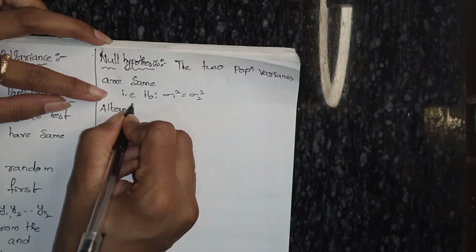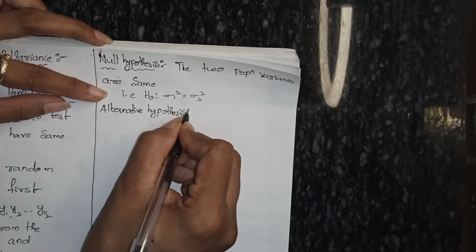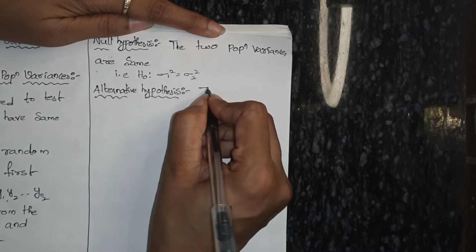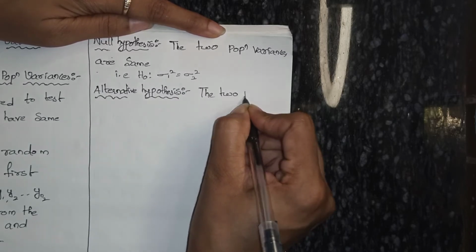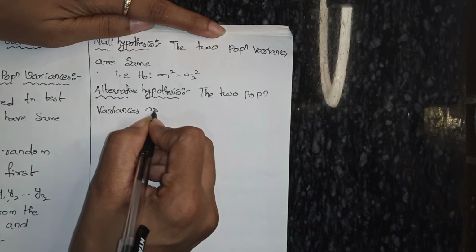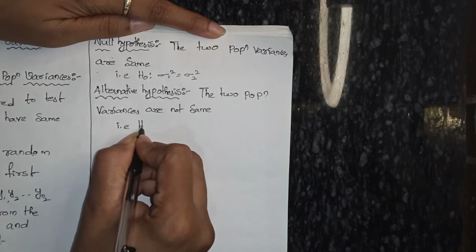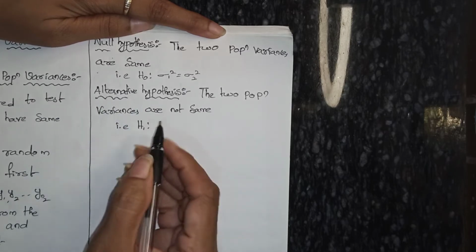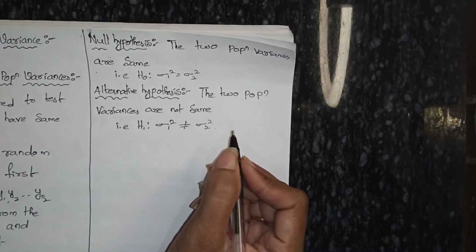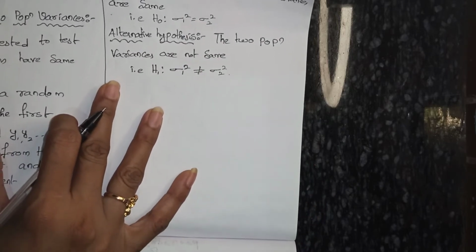The alternative hypothesis, denoted H1, is such that sigma 1 square not equal to sigma 2 square.